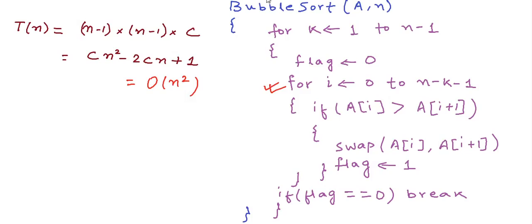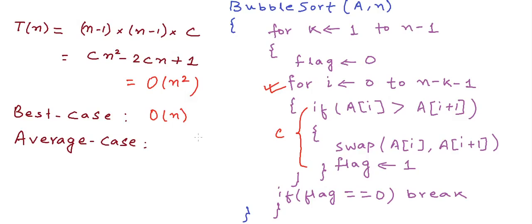So the time taken, if we consider this as taking some constant time c in the worst case, will be c into n minus 1 only. So this will be the best case for our algorithm. Our algorithm will be big O of n in the best case. In the average case, somewhere midway, after making, let's say, n by 2 passes, we will exit the outer loop.